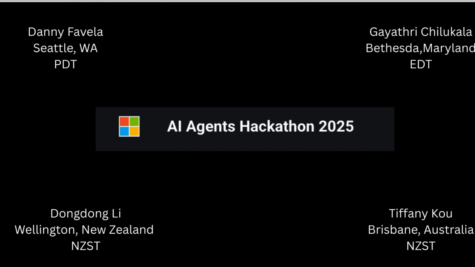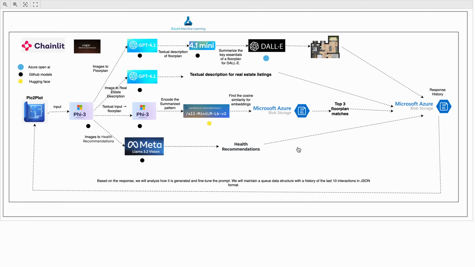Coming to the framework, that is the agentic multi-model architecture that we built. In Pic2plot, I call it a multi-model architecture because we use several models based on the complexity of the use case, as our major goal is to reduce the latency and get an accurate response in a cost-efficient manner.